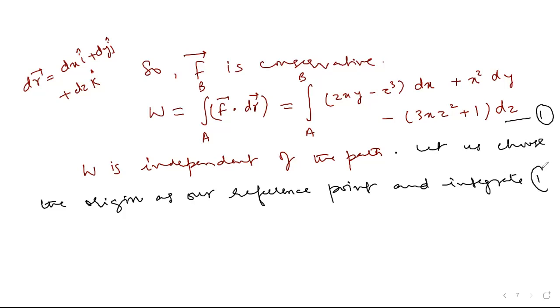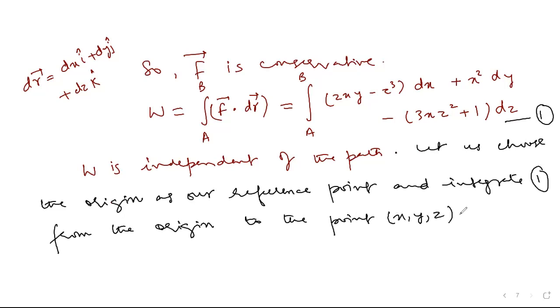Integrate 1 from the origin to the point x, y, z. So in this integral, our point A is the origin and point B is the general point x, y, z. Now the path is our choice.